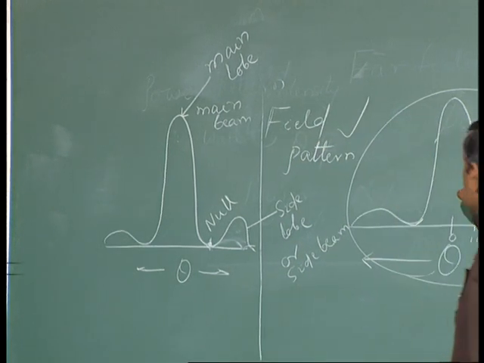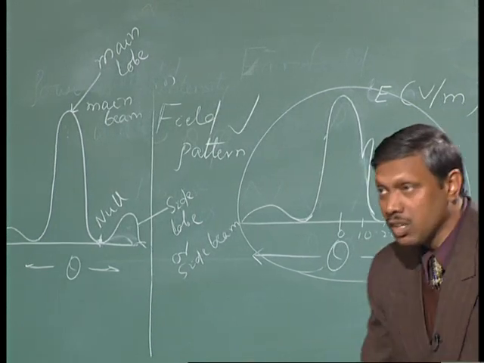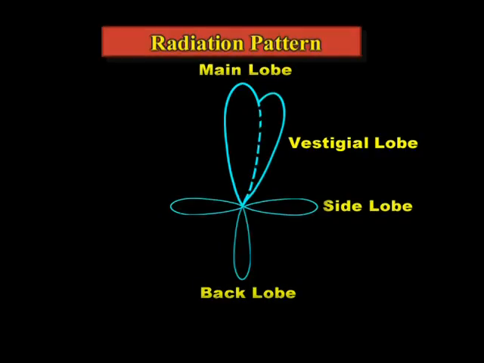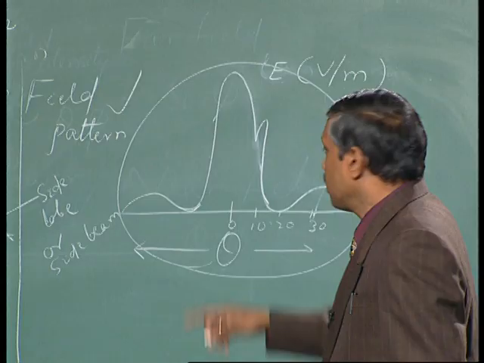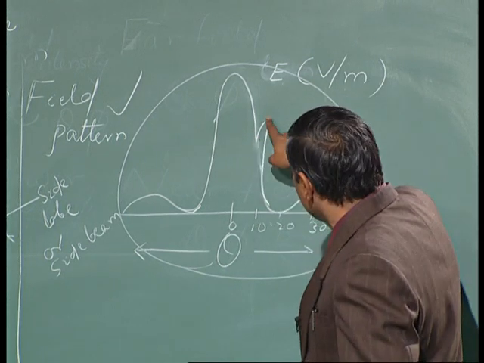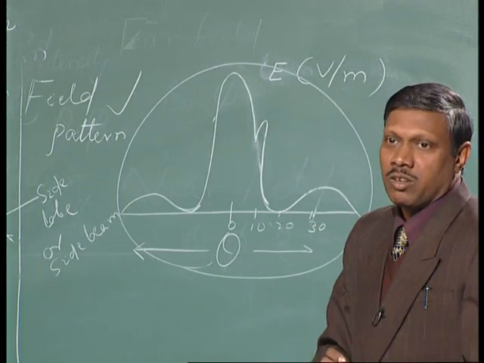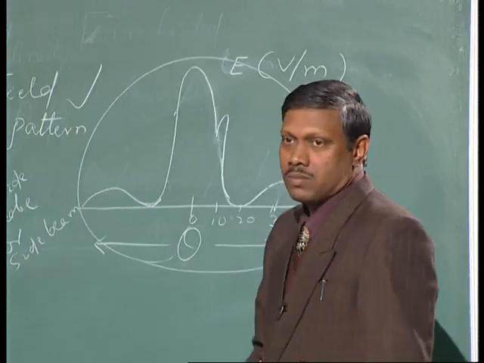But mark the radiation pattern which is shown in the slide here. This is a main lobe, the signal is getting reduced. Again, before touching a null, this signal has increased like this. There is a decrease in the main lobe, but again before touching a null, there is a lobe appearing on the side of the main lobe, which is part of the main lobe.